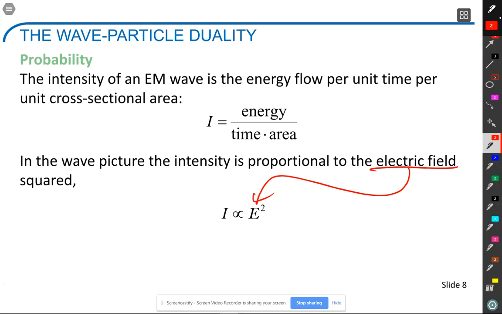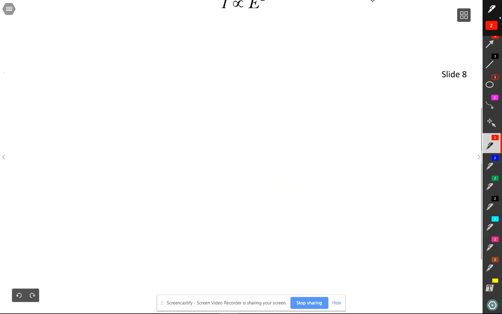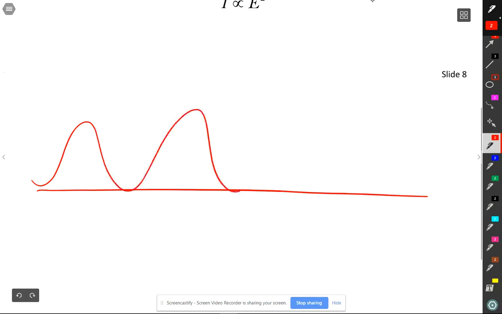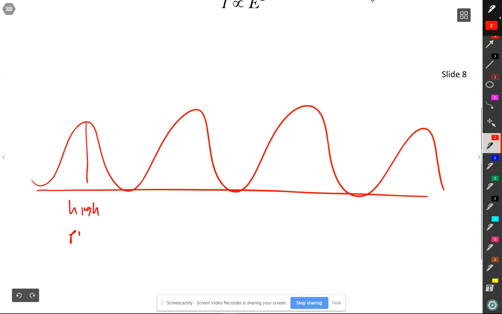Sorry, again. So we have light hitting a screen, and when the light hits the screen, we have an intensity pattern. And we say this intensity pattern is telling us the probability. So here it's high probability that I will find a photon there.